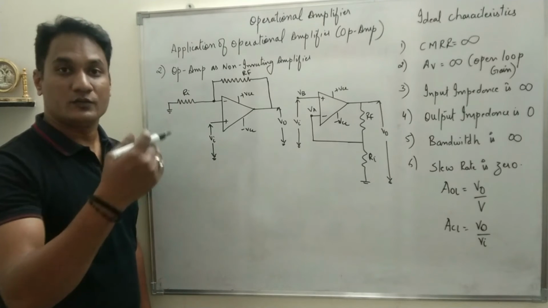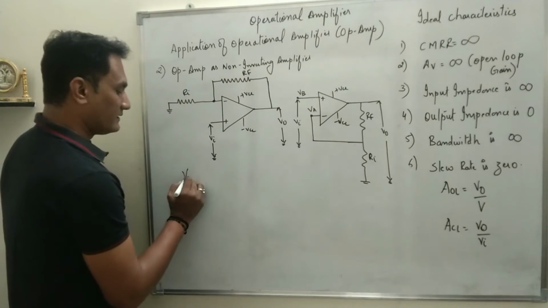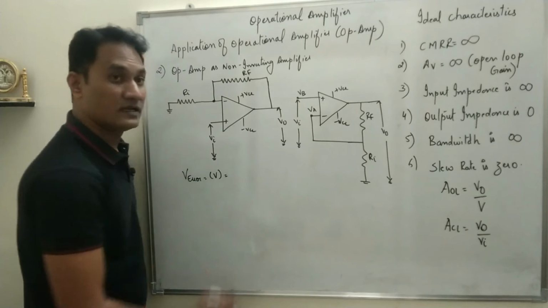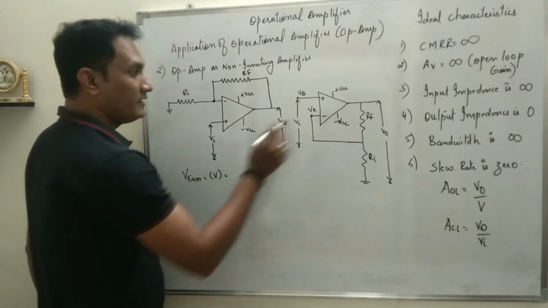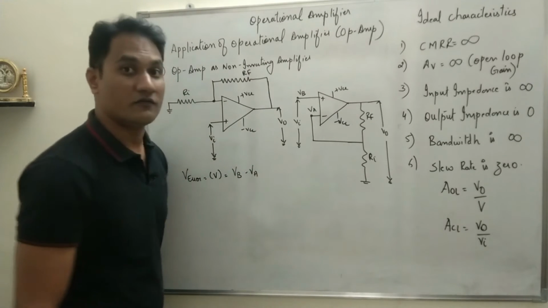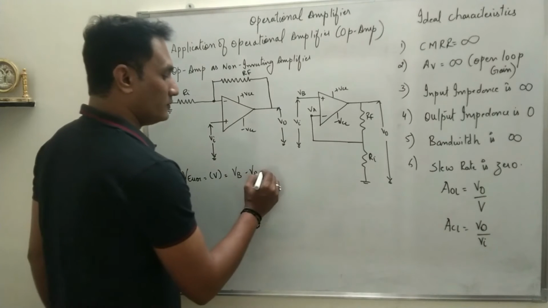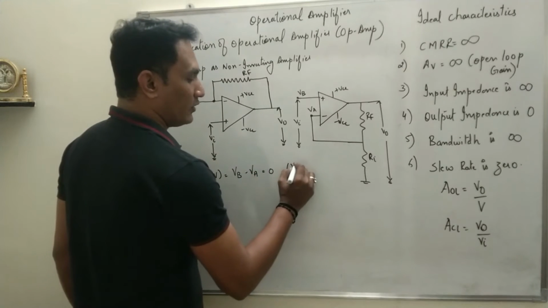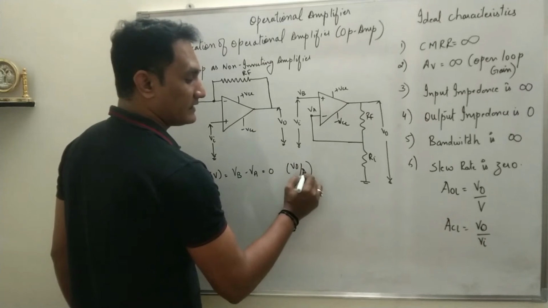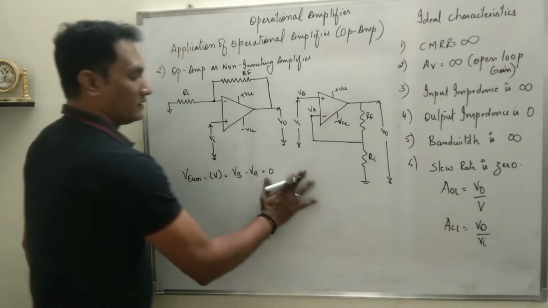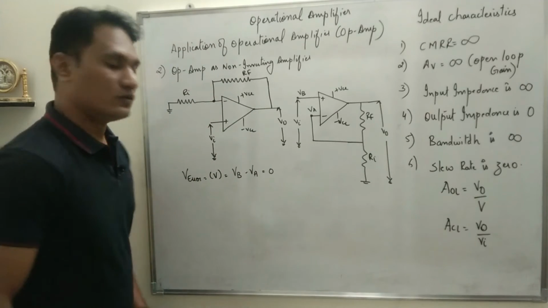So the difference between the two input voltages is called the error voltage, V error. We sometimes specify it as V. And what is V here? V is VB minus VA, and it should be equal to 0 because it will be output voltage upon gain, and gain is infinite. Anything divided by infinity will be 0. So VB minus VA will be equal to 0.